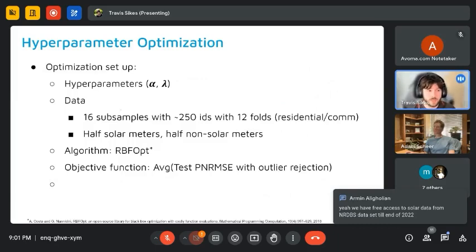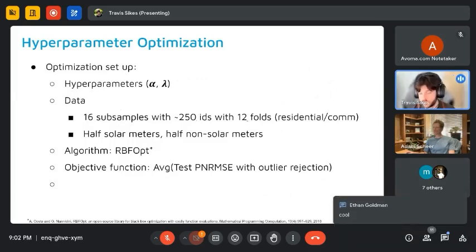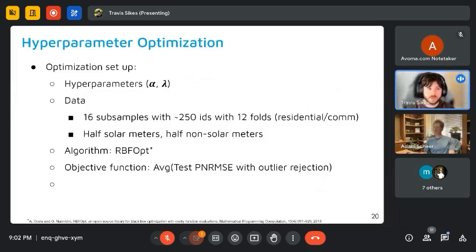Now, the data that we used are 16 subsamples with 250 IDs each. Each of these IDs has 12 folds. When I'm referring to a fold, I am referring to prior presentations where I showed that rolling window. Basically, one starts in January of 2017, and its reporting period is in January of 2018.